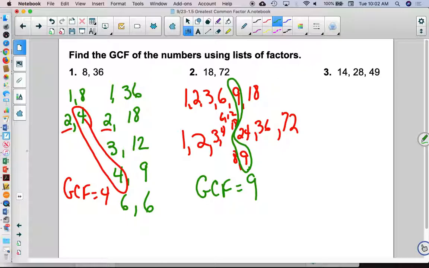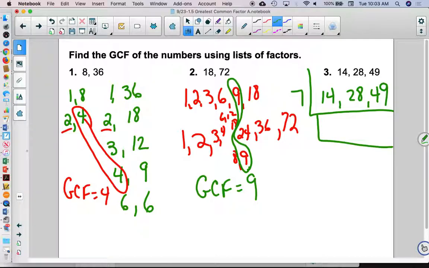Let's do it. We've got 14, 28, and 49. What number do you know will go into all 3 of those? 2? Nope, 2's not going to go into 49. 7. Okay, 7 goes into 14 how many times?